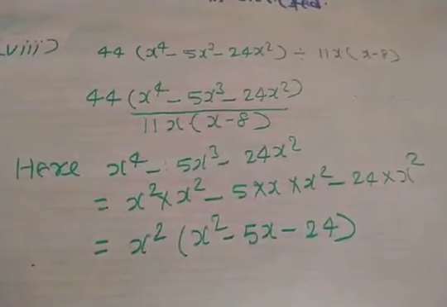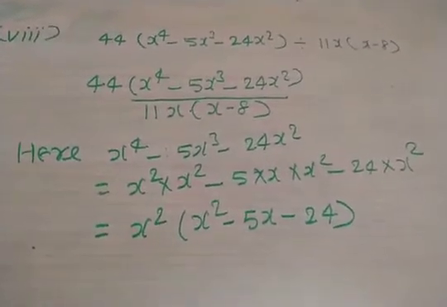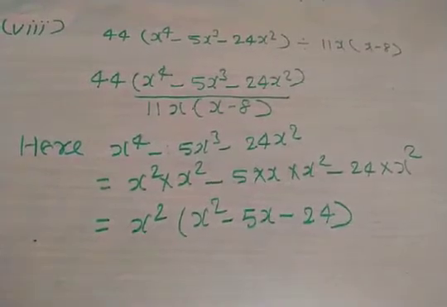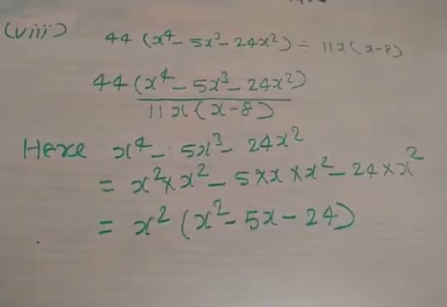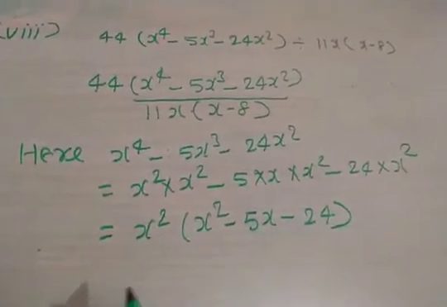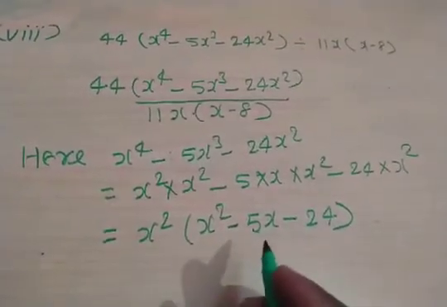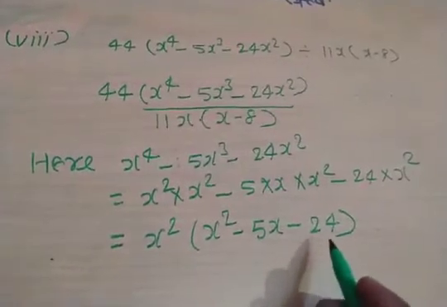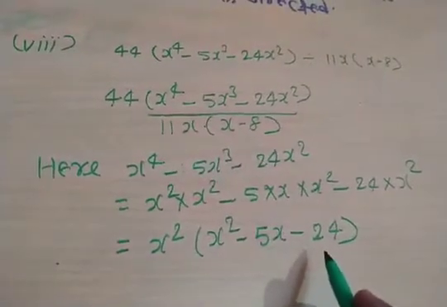Okay, now factorize x square minus 5x minus 24. So how can we factorize it? First we see the constant term. What is the constant term?